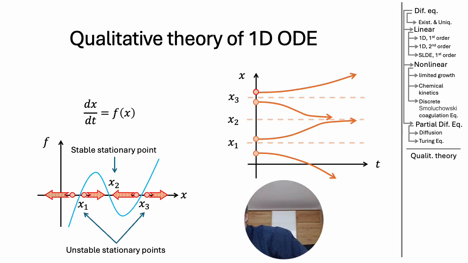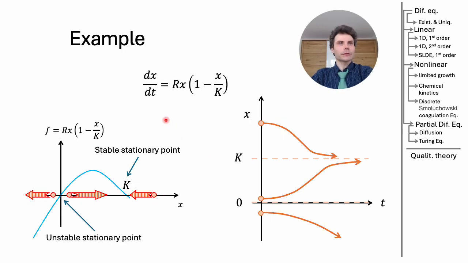Okay, and a good illustration of it, a good example, is the equation of limited growth or bounded growth, whatever way I called it in the last lecture. That's the Verhulst equation, the equation that describes the kinetics of a certain population of proliferating objects.